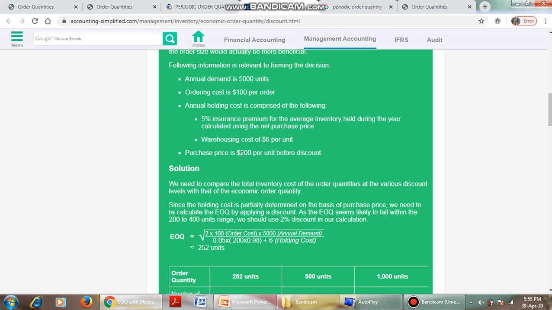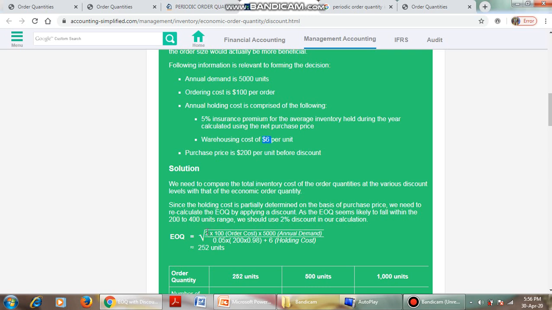The 200 is price per unit. Plus 6 is his holding cost. That is, he has given that for holding one unit, the cost is $6. Okay, so the EOQ is 252.